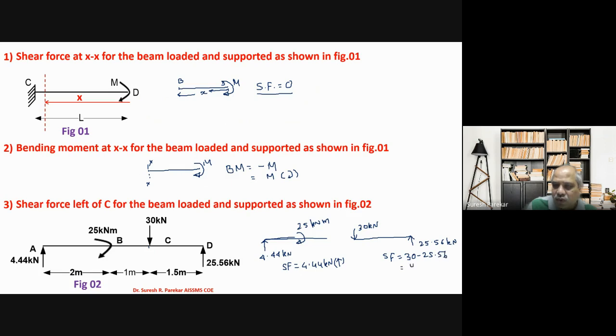So we have 4.44 kilonewton, plus means downward. So we have like this. So we have equal and opposite on this side. So we have value 4.44 kilonewton shear force left of C. And if we go right of C, then that becomes 25.56 kilonewtons.